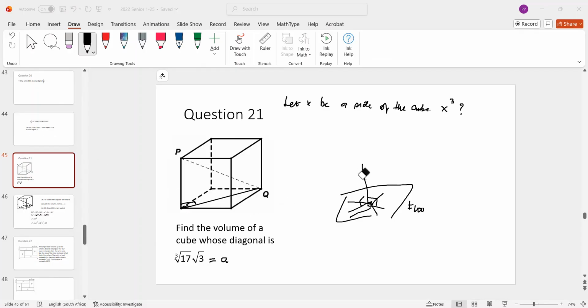So that is very nice, because we said whose diagonal is A. So that diagonal is A. Okay, now A happens to be the hypotenuse of a right angle triangle.